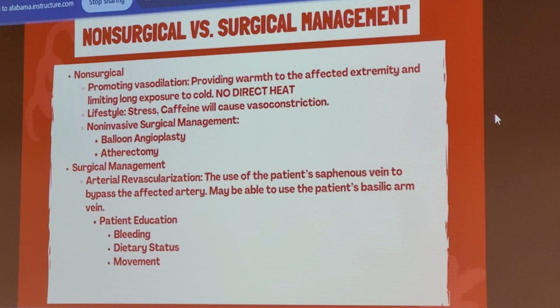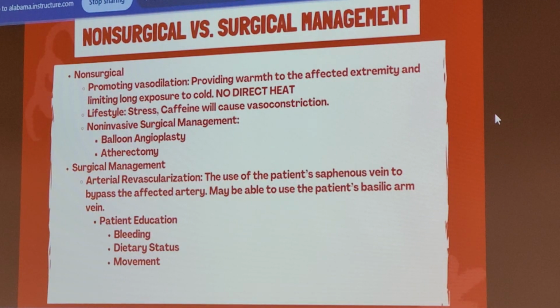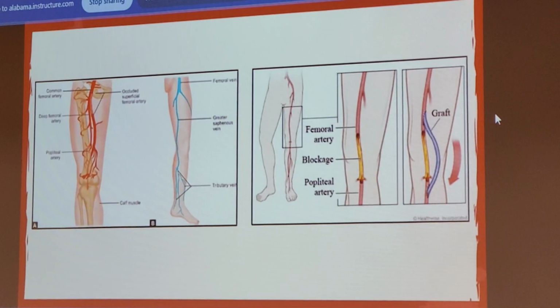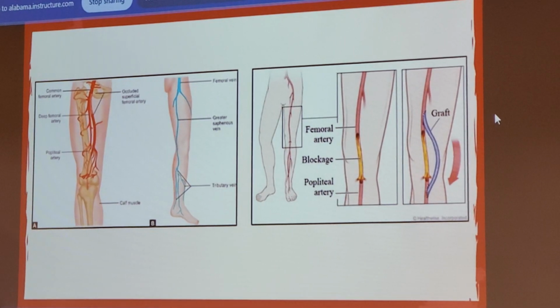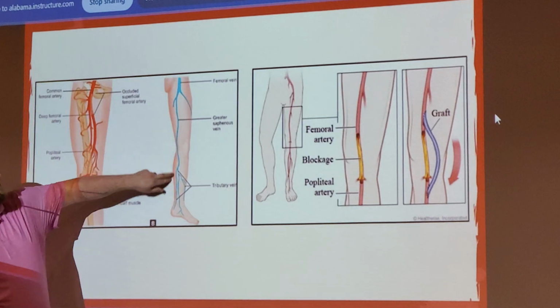So with surgical management, we're going to try for some arterial revascularization. We basically are just going to bypass whatever's blocked, okay? So the best way to explain it is right here. We take the greater saphenous vein, because it's a nice big juicy vein. It's on the inside of your thigh, if you look at it that way.